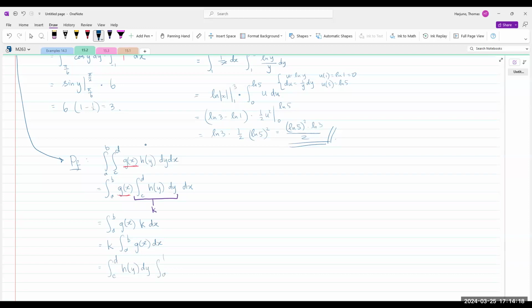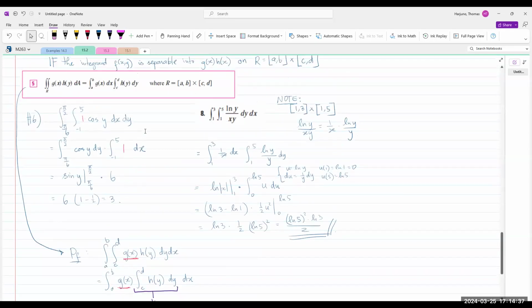I hope that becomes clear for you why we can rewrite that double integral over rectangular domain into the product of two single variable integrals, one with respect to x, the other one with respect to y. Only if the domain is a rectangle and the function is a separable function.